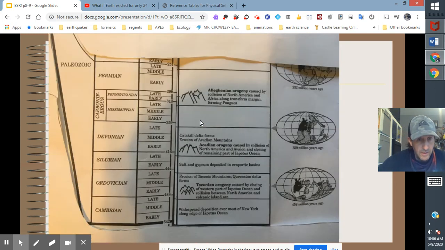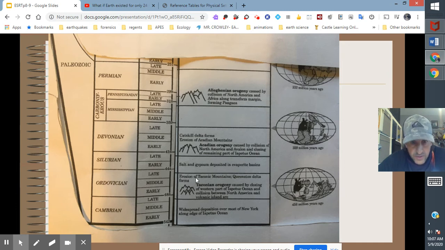Bottom of the Earth Science Reference Table. We're continuing across. Okay, this is page 9. I kind of folded it up, all right? And they use this word orogeny a lot. Orogeny, just a period of mountain building. And they show you the little pictures to show the tectonic activity that's making our landscapes. Allegheny orogeny, formation of Pangea, okay?